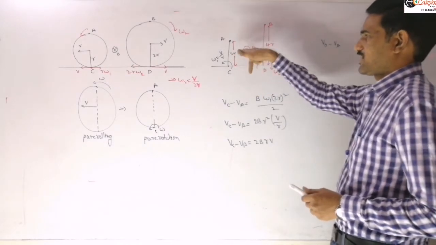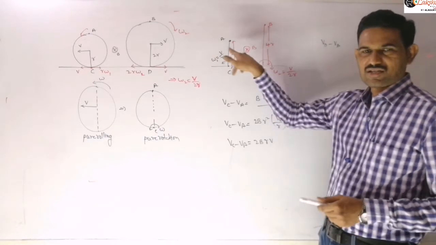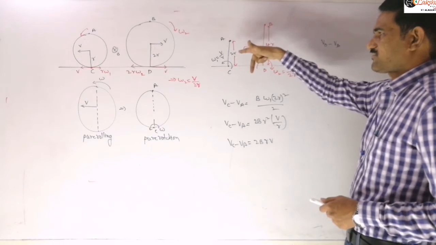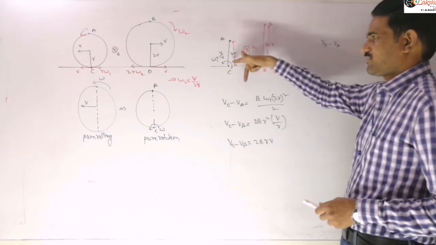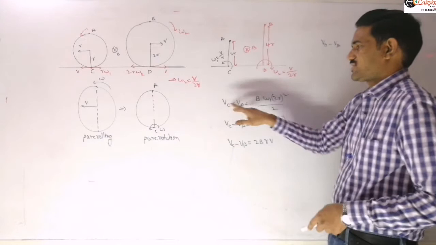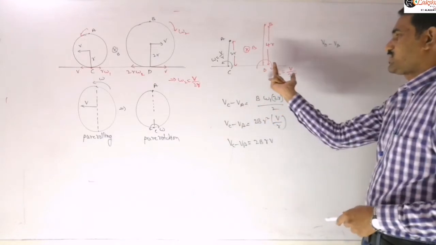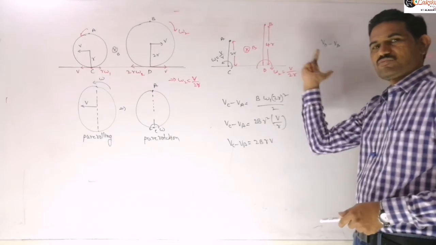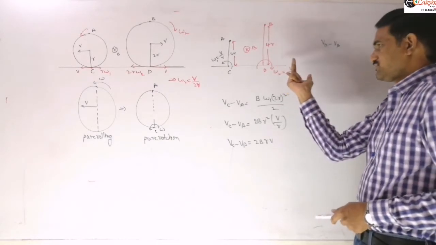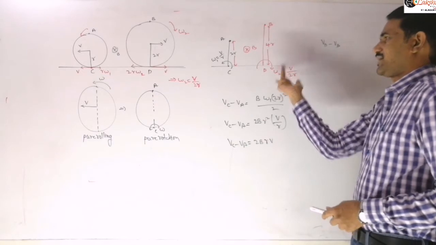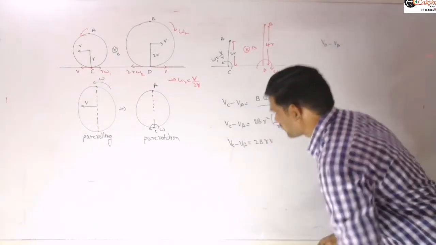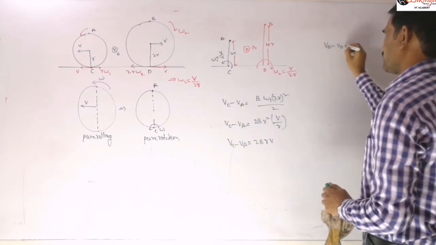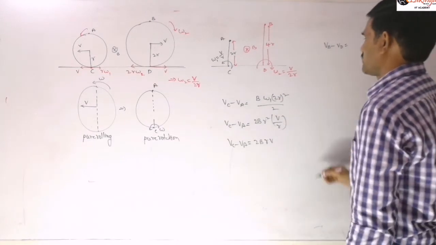Field is there into the plane, and the rod is moving along this direction, so the current is flowing along this direction. As we mentioned Vc minus Va for the other rod, for this one, the field is into the plane, and the rod is moving along this direction, so now the current is flowing from D to A. Current flowing from D to A means the potential difference we need to write is Vb minus Vd.